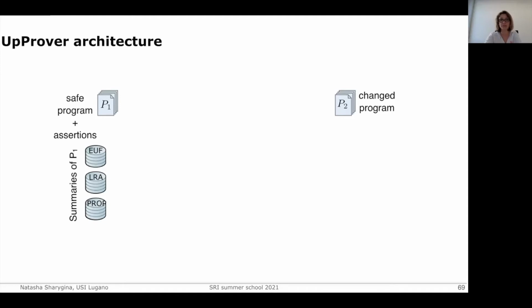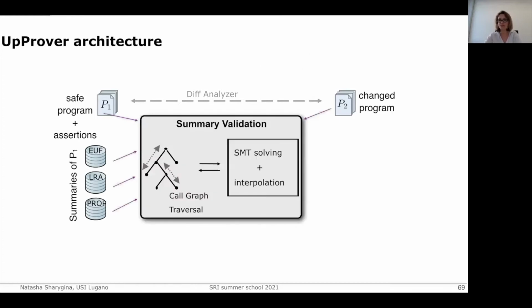So what UpProver is doing: first it does some analysis on the syntactic level, identifying syntactically which parts of the system have been changed. Then for these changed parts, it will start revalidation of the summaries. It's obvious to some extent that sometimes revalidation of the summaries is sufficient to guarantee that the property still is satisfied for the new version of the system without running the overall verification loop.